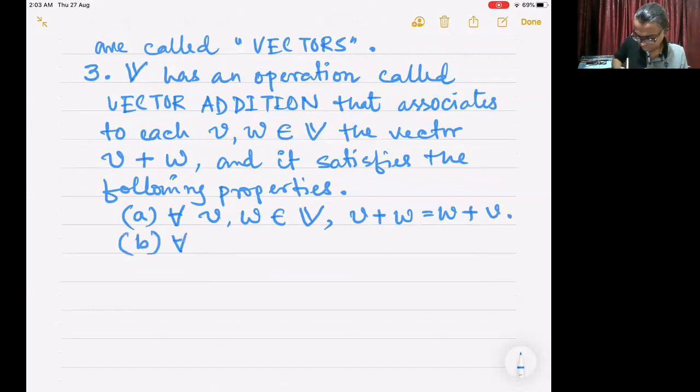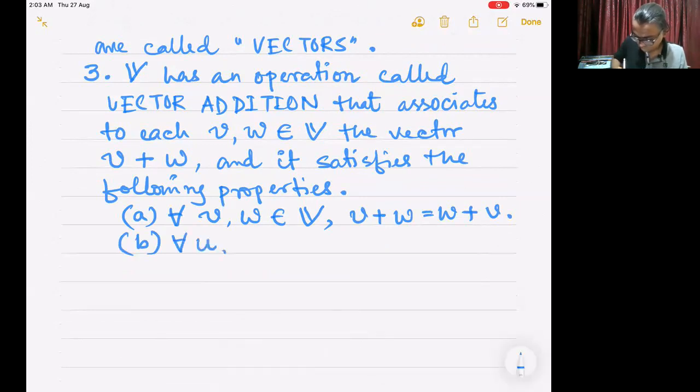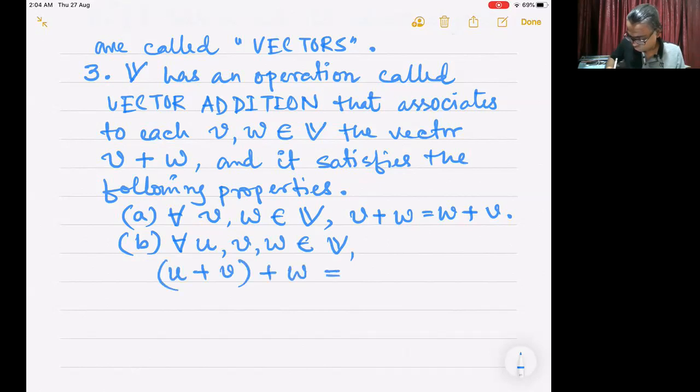B, for all u, v, w in V, (u plus v) plus w is equal to u plus (v plus w). So associativity.